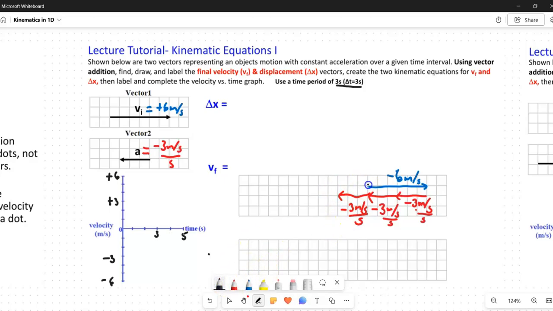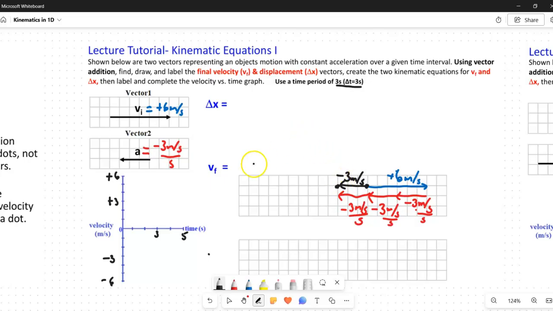So we started here, we walked to the right 6 steps, walked to the left 9 steps, so that means we ended here. So the final velocity is going to be negative 3 meters per second.